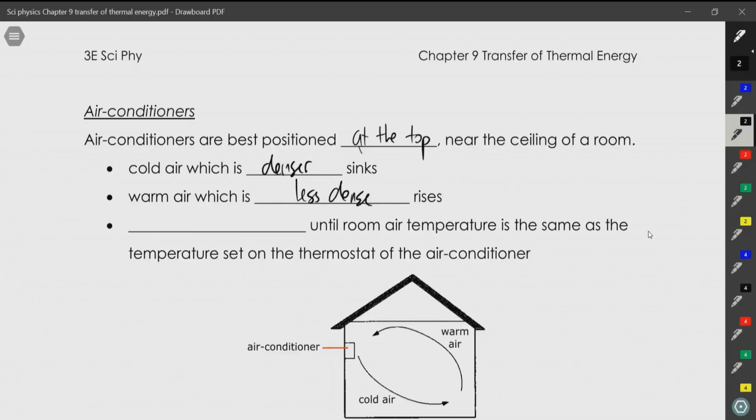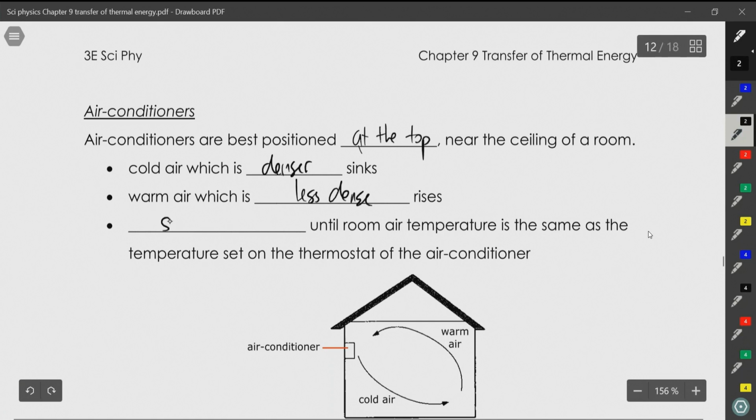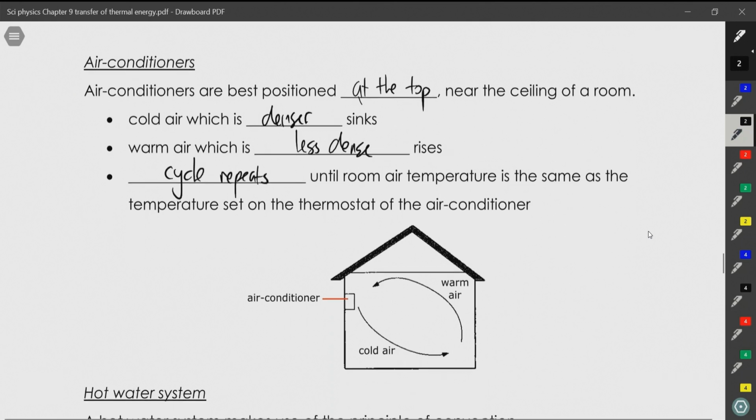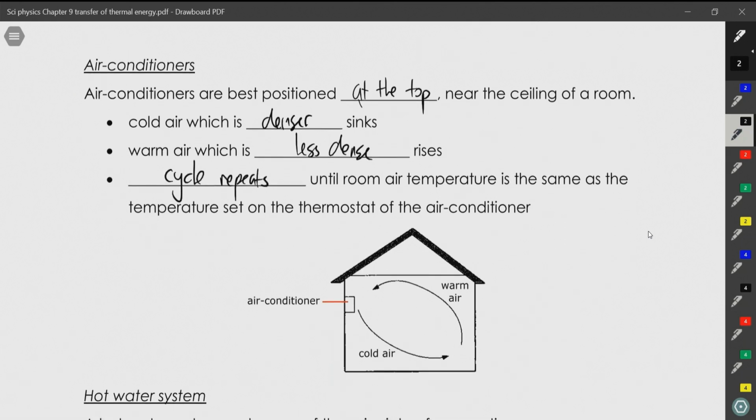This entire process will stop at thermal equilibrium, so the cycle repeats until the air temperature is the same as the temperature set on the thermostat of the air conditioner.